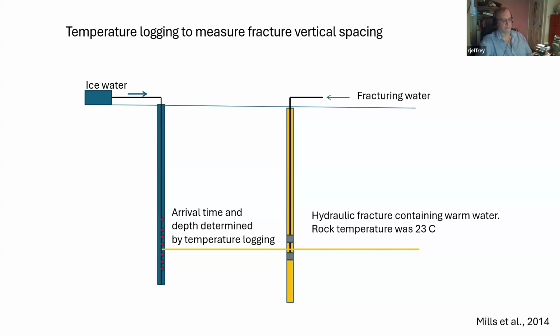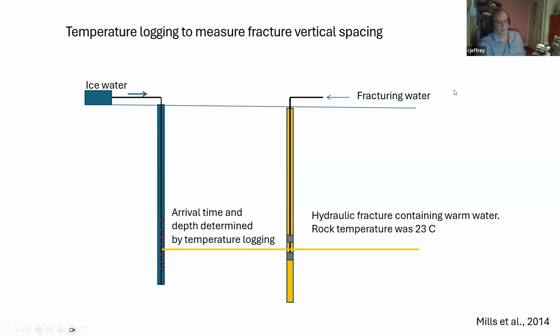We had stress measurements that indicated that the fractures would be horizontal, most likely, but this monitoring method also let us verify that we were creating horizontal fractures. In addition, we had surface tilt meters, which also verified the horizontal fracture growth.